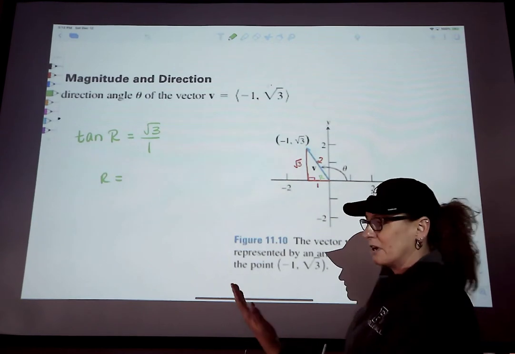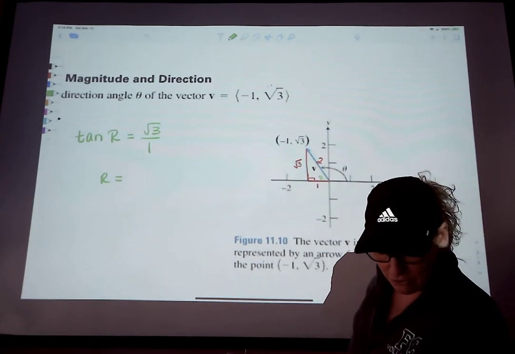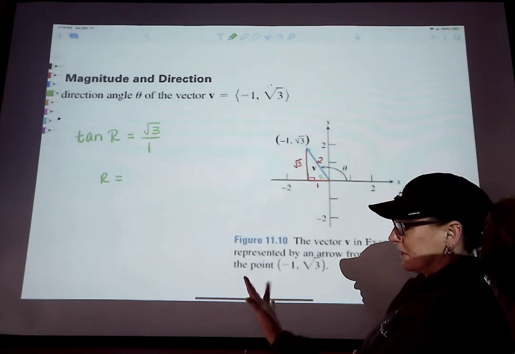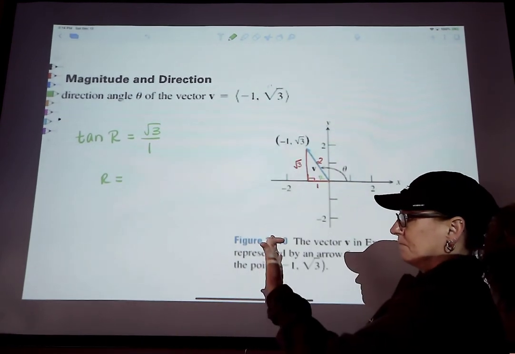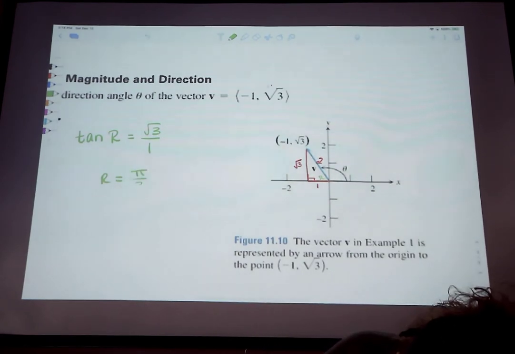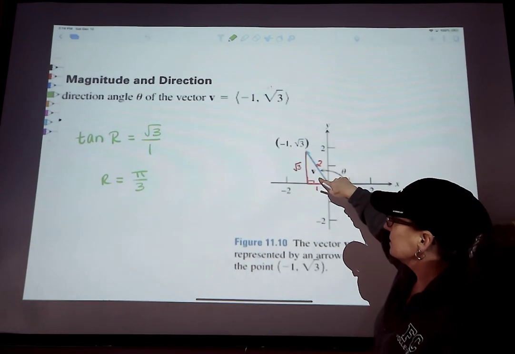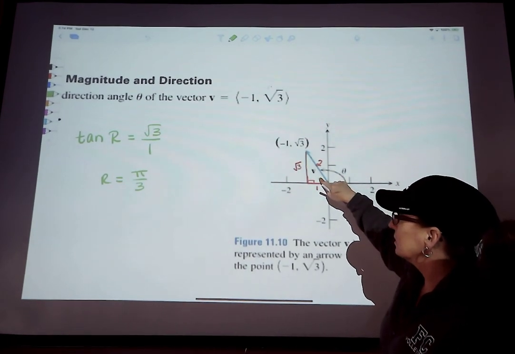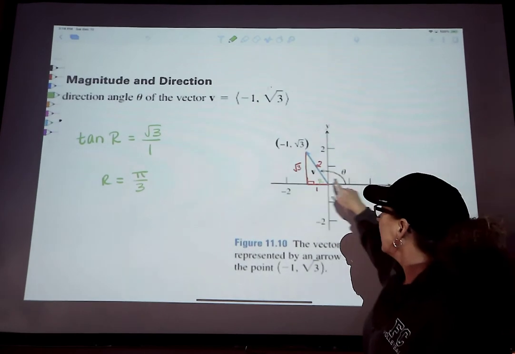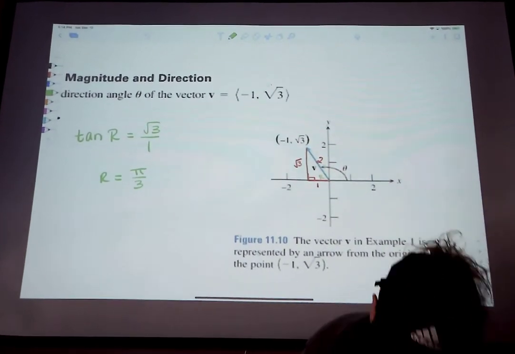Okay, what angle has a tangent of radical 3? That would be pi over 3. So since this reference angle is pi over 3, and we're in quadrant 2, theta must be 2 pi over 3.